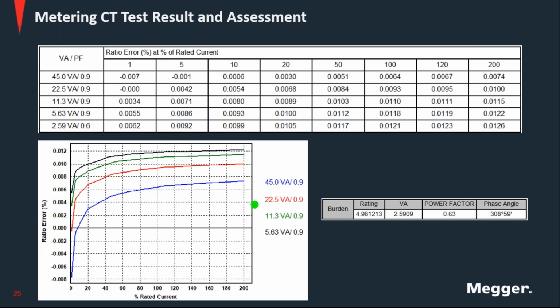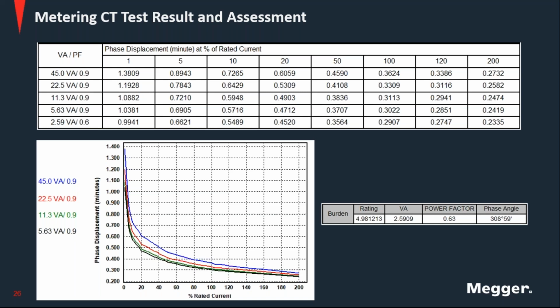So this blue curve is at 45 VA, and you have from 1% of rated current up to 200% of rated current. So it's not totally linear, but you can see that it shows a fairly linear behavior, and especially at the areas where the instrument transformer needs to perform better, it has more linearity. So this is the part of the ratio error.